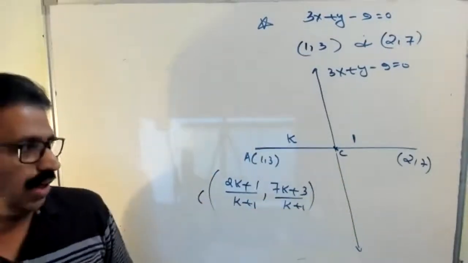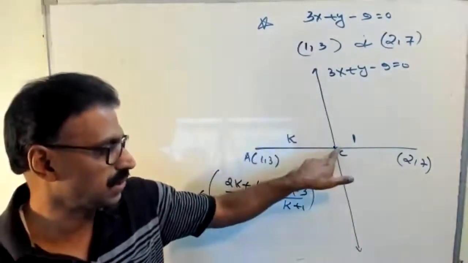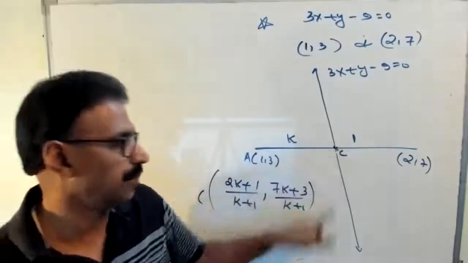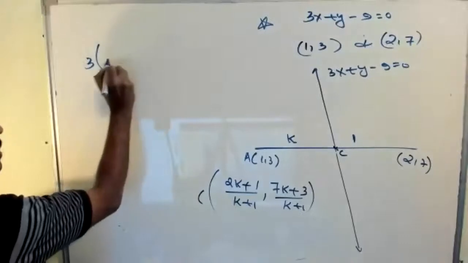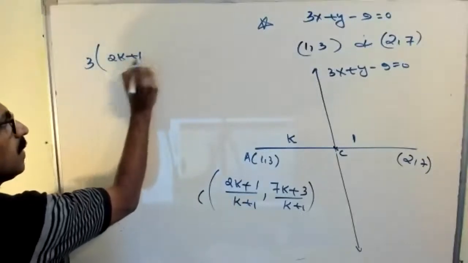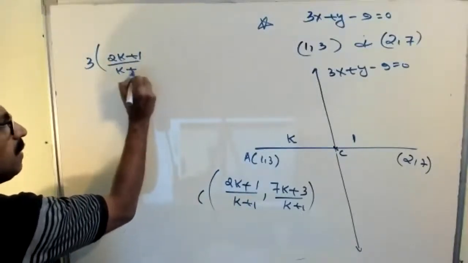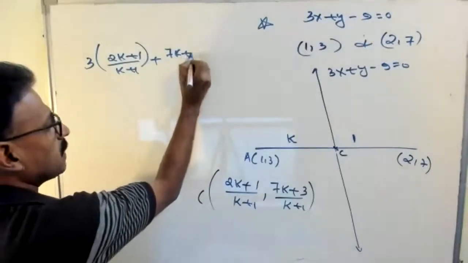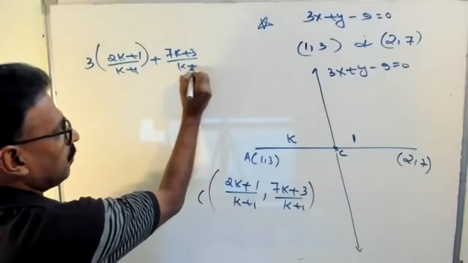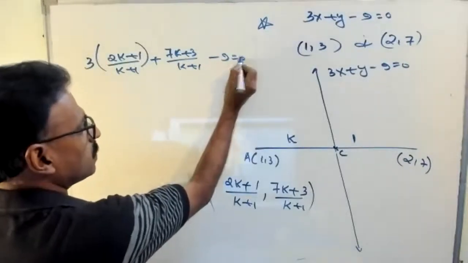Now, since the line passes through C, that is 3 into (2k plus 1) by (k plus 1) plus (7k plus 3) by (k plus 1) minus 9 equal to 0. Correct?